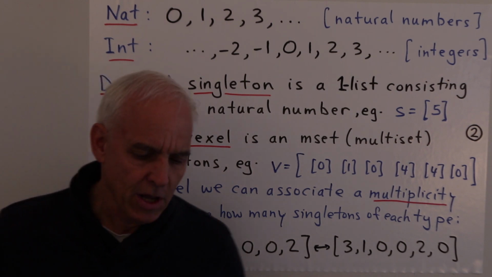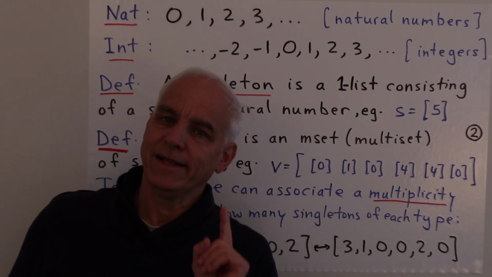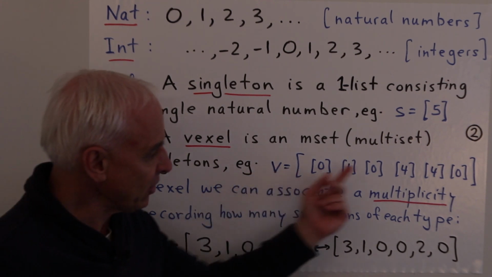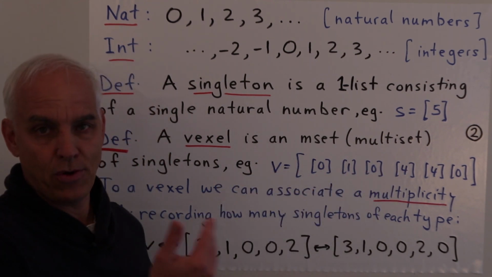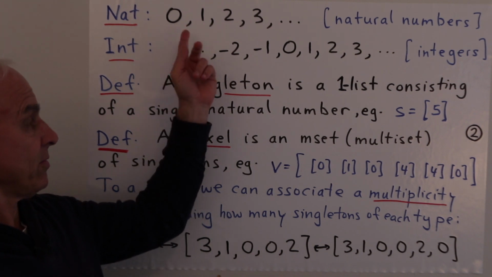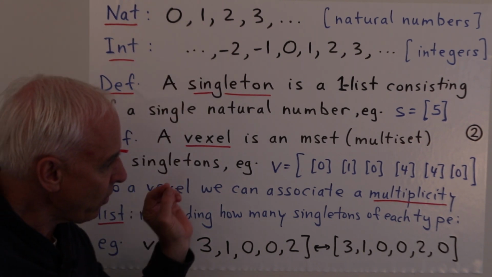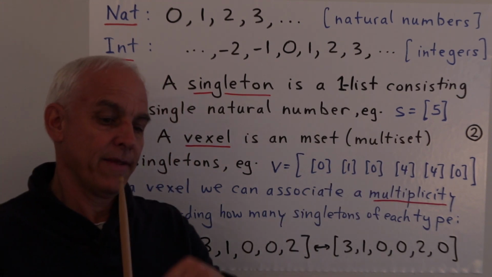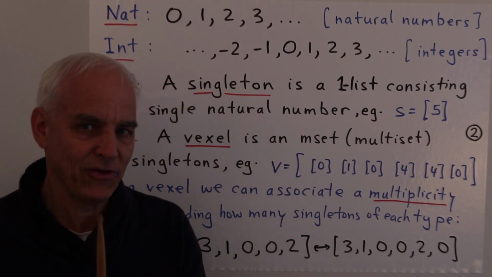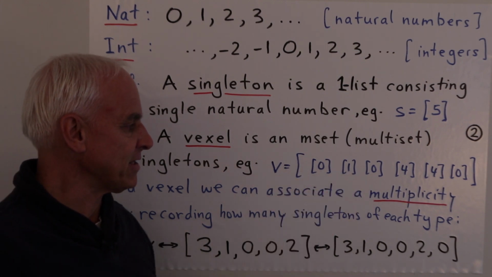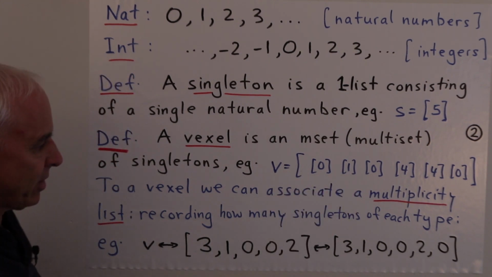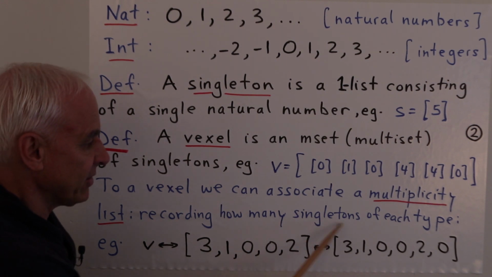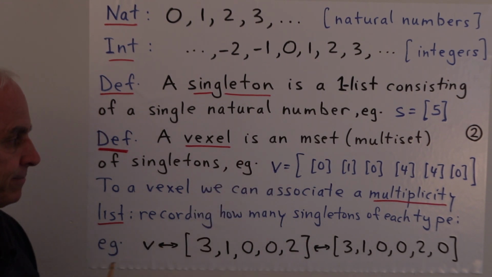Now, to such a vexel, we can associate also a list. List because the singletons that we're using are naturally ordered, starting with the singleton 0 and then the singleton 1 and so on. So one way of writing down what's going on here is to record the number of times, or the multiplicity, of the various singletons that appear. So we get what we might call a multiplicity list, which records how many singletons of each type there are in the vexel.